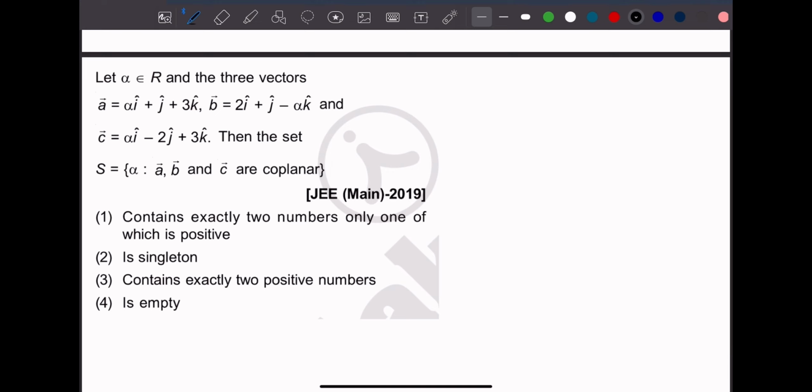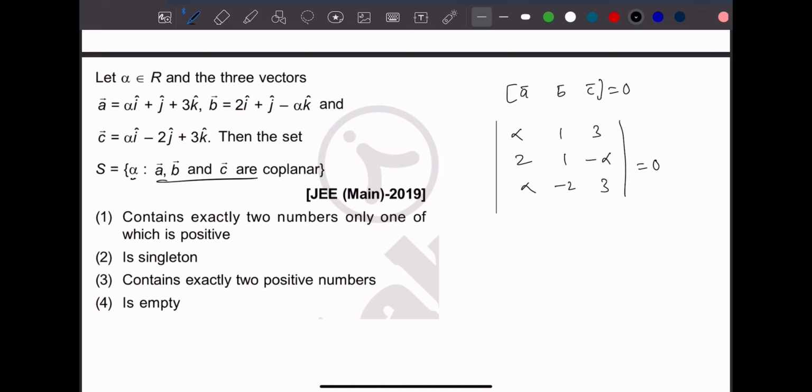In the next question they said alpha belongs to R, and we have 3 vectors, a vector, b vector and c vector, such that alpha are the values where a vector, b vector and c vector are coplanar. Coplanar means box product of a, b, c is 0. So box product of a vector, b vector and c vector needs to be 0. Let's find the determinant: alpha 1 3, 2 1 minus alpha, and alpha minus 2 and 3 is equal to 0.